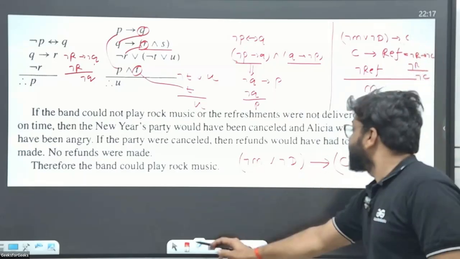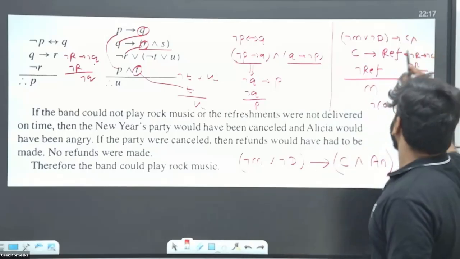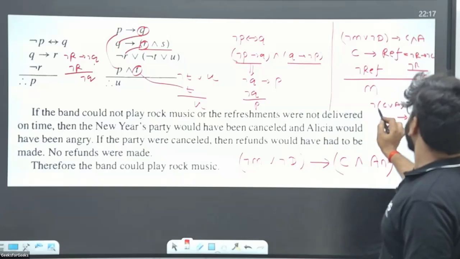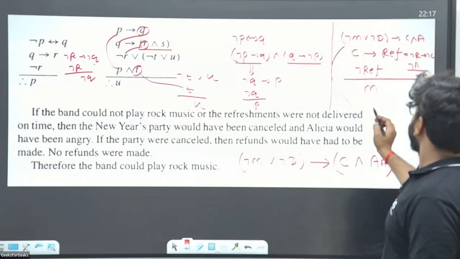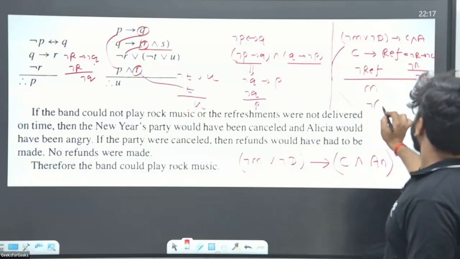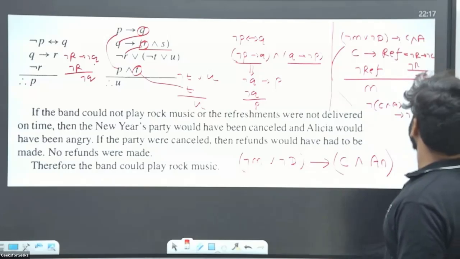This is C and A. So if you take the contrapositive for the first statement, you will get C and A implies negation of M or negation of D. See, we are getting negation of C.